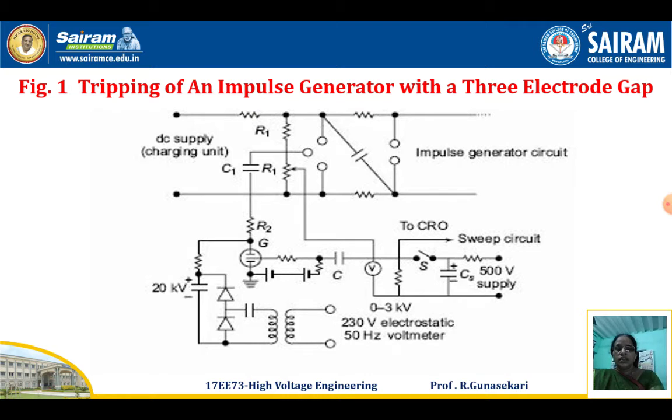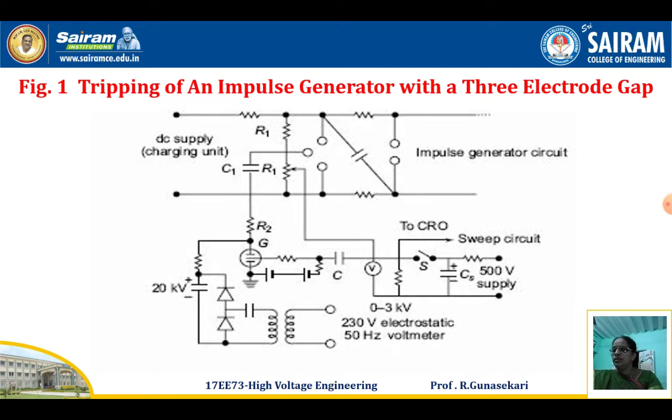You see G has 3 horizontal lines. The top line is connected to R2 and C1, the center one is at the potential set by the resistance, and the last one is grounded. So this is the arrangement.